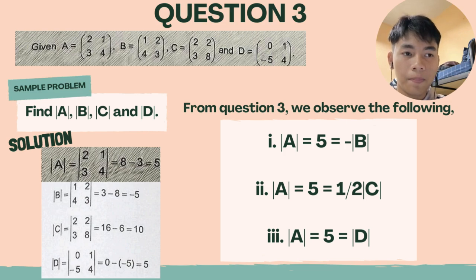We found that determinant of A equals 1/2 times determinant of C. And lastly, observation number 3: D is obtained from A by adding the first column with negative 2 times the second column in A. We found that determinant of A equals determinant of D.